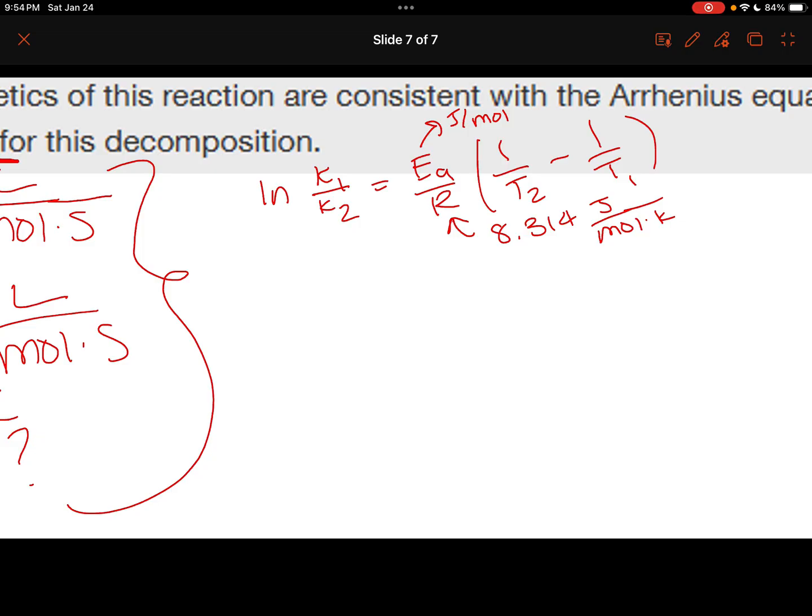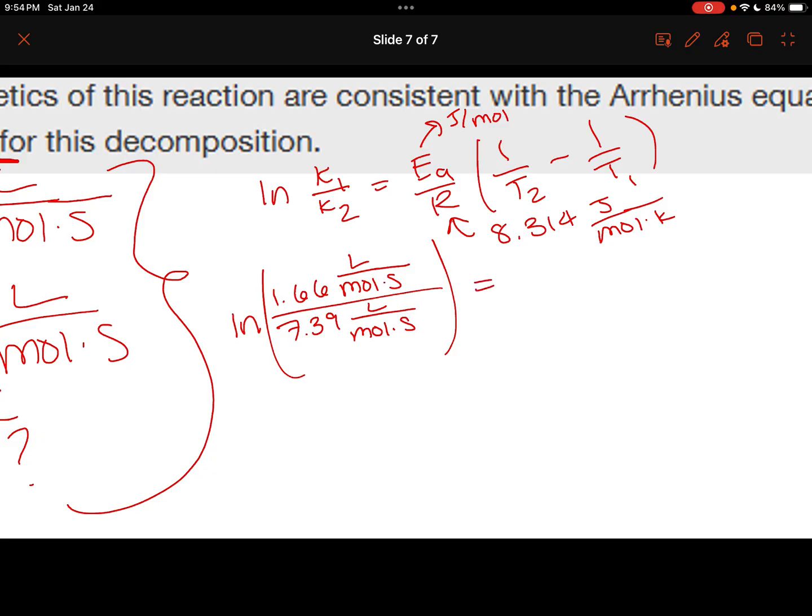So now we can just plug our numbers in. So natural log of 1.66 liters per mole seconds over 7.39 liters per mole per second is equal to our activation energy over 8.314 joules per mole Kelvin times 1 over T2, so that's 700 Kelvin, minus 1 over our T1, which was 650 Kelvin.